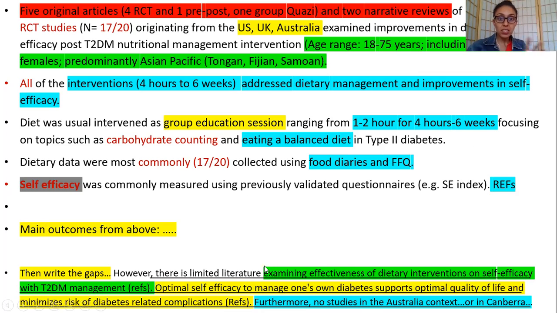For example, why is this research so important? Of course, you have given enough significance earlier in terms of diabetes, but then you are synchronizing everything and telling me the final significance, which is optimal self-efficacy to manage one's own diabetes. It helps to improve your quality of life, which is your psychosocial health, and it minimizes your physiological diabetes related complications.